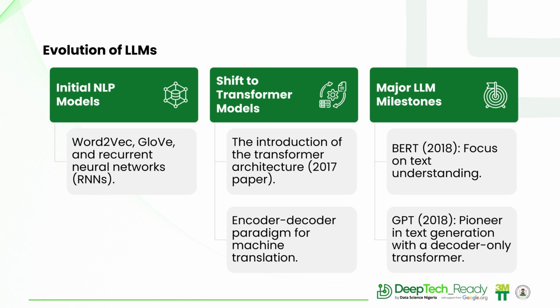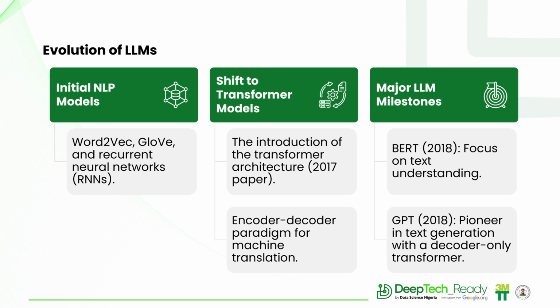The introduction of the transformer architecture in 2017 marked a major shift. Unlike recurrent neural networks, transformers efficiently process text in parallel and capture long-range dependencies, which makes them ideal for tasks like machine translation using the encoder-decoder framework.